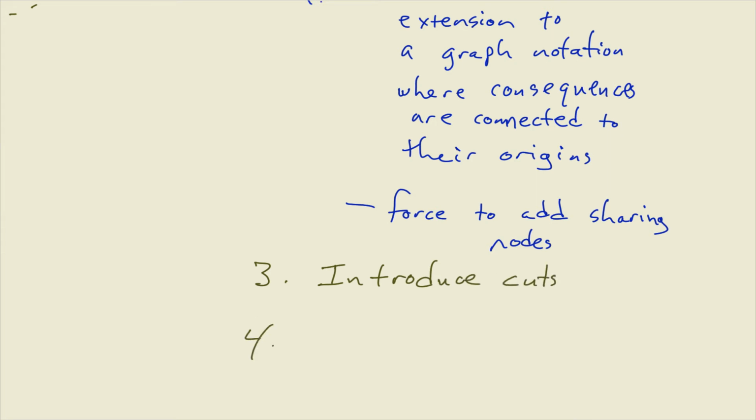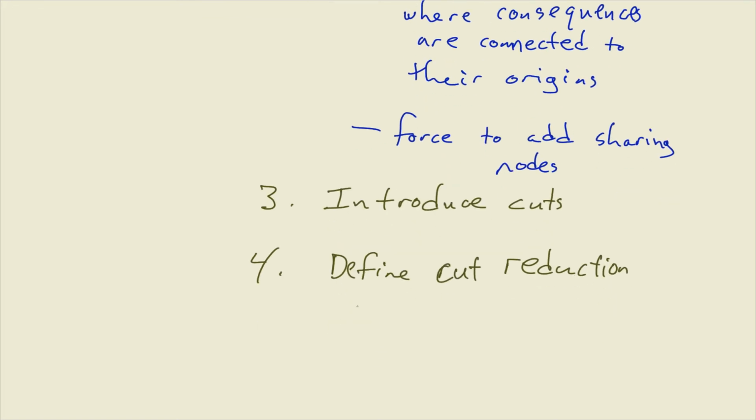And the fourth step is we need to define reduction on cuts, a cut reduction that respects beta equivalence, at least beta equivalence.